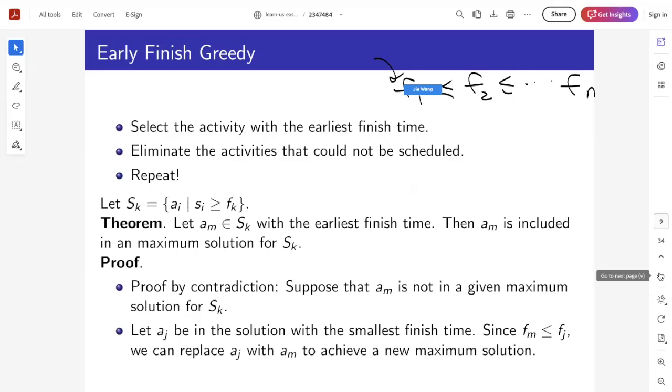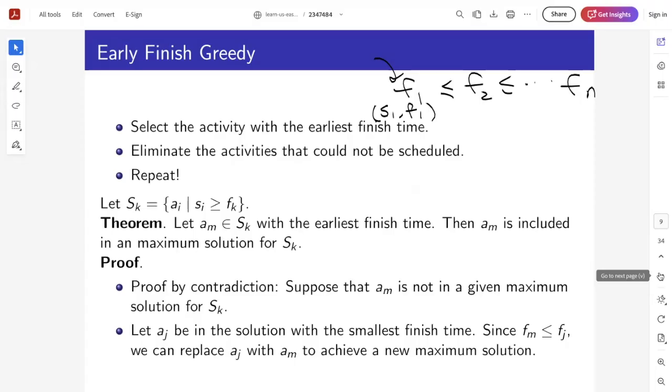F1 is the smallest after sorting, and this is the first one we should select. This is the obvious choice: we start from the earliest finish time.